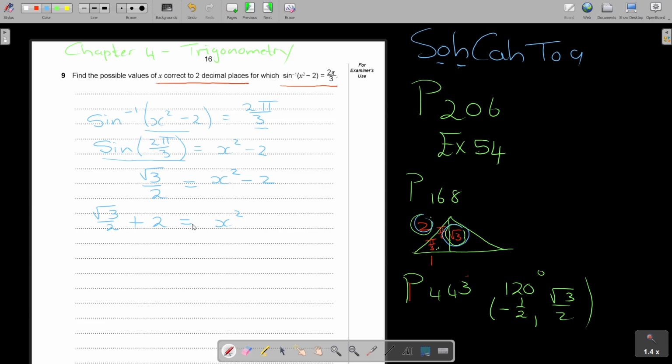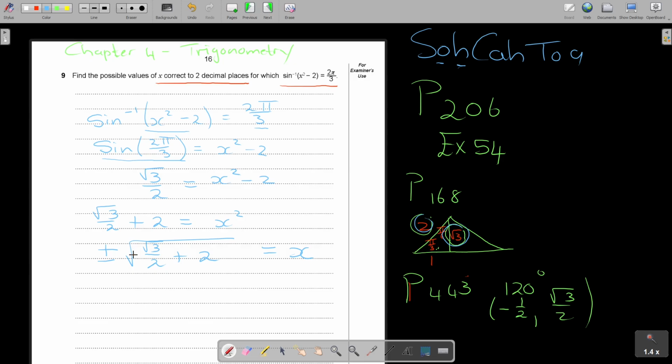And now, remember it's squared. And as soon as I take the square root on the other side, I'm going to have plus minus, and then it's the square root of square root 3 over 2 plus 2, and that's equal to x. And now I can press it on the calculator. You can put a bracket: square root, square root 3, divide 2, plus 2, close the bracket, equals.